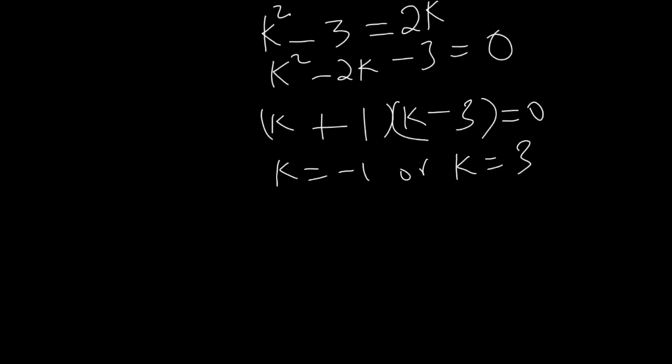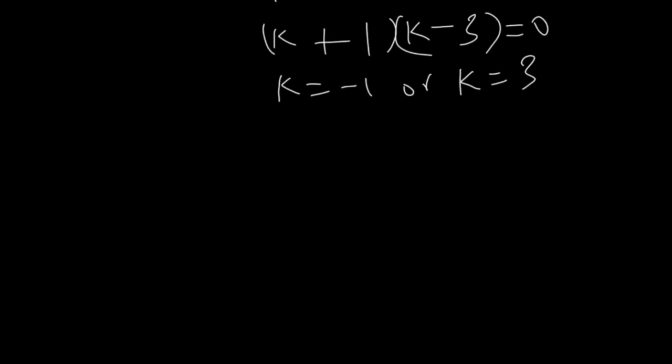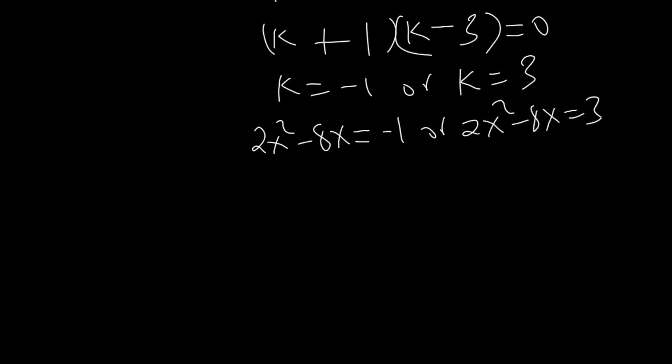But when you reach this stage, you need to sub back what was k. So k is 2x squared minus 8x, then we equate that to -1, or 2x squared minus 8x is equal to 3.